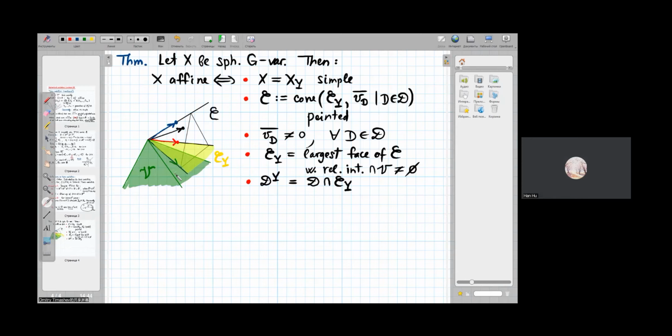Actually, maybe some philosophy around these things. If you consider a complete algebraic group, then as people usually say, in this case algebra is determined by geometry.